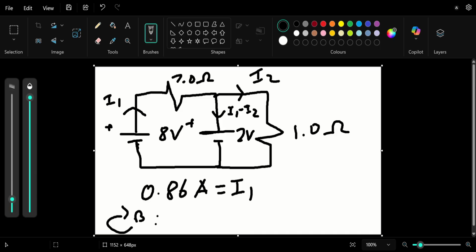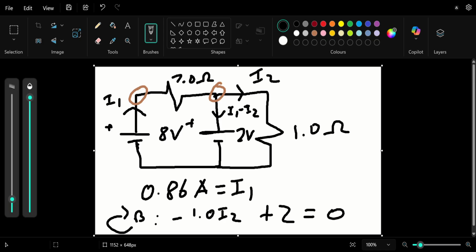Now consider loop B, our second loop to the right. We have, well, starting from this junction here, top left hand corner again, we have minus 1.0 I2 going through this first resistor over here, plus 2, because this time the movement of charge is going from negative to positive across that 2 volt cell, and all of that will be equal to 0.